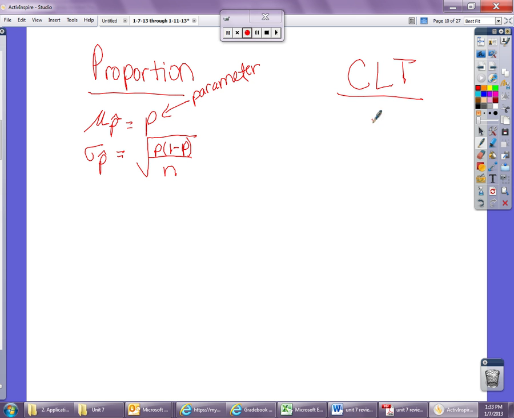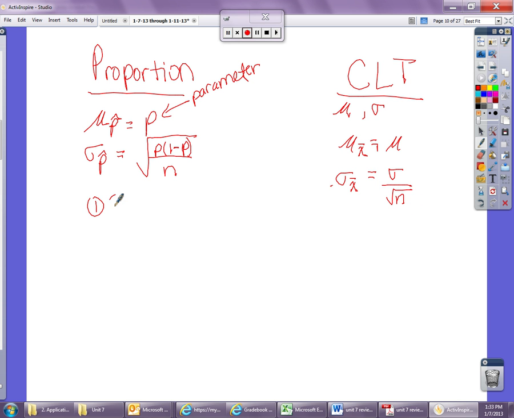And then for central limit theorem problems, you're given the mean, mu, and you're also given sigma of the population. So therefore, the mean of the sample is going to be equal to the mean of the population, and the standard deviation of the sample is equal to the standard deviation of the population divided by the square root of the number in your sample. Okay?